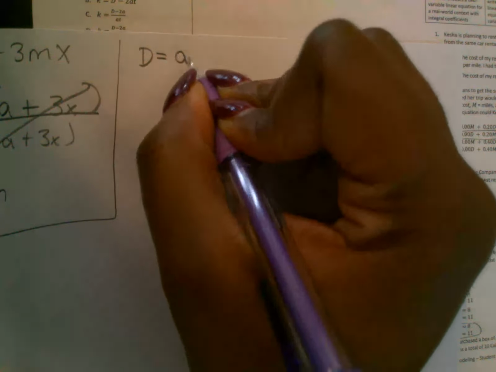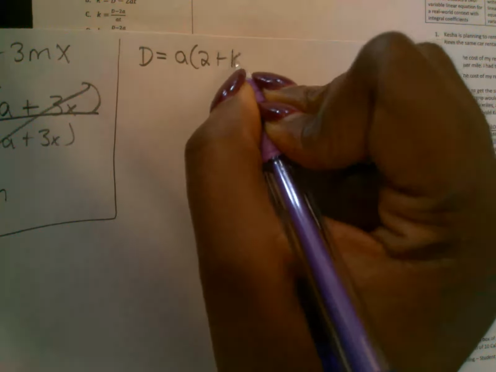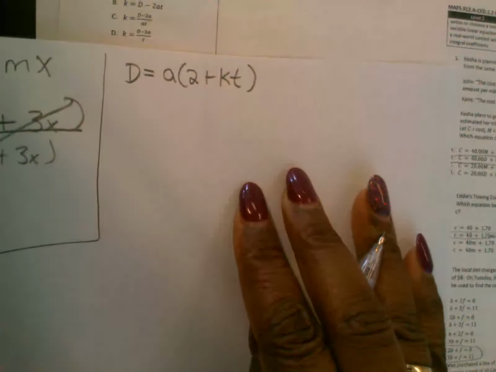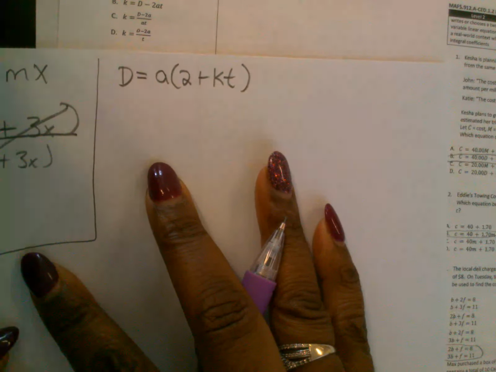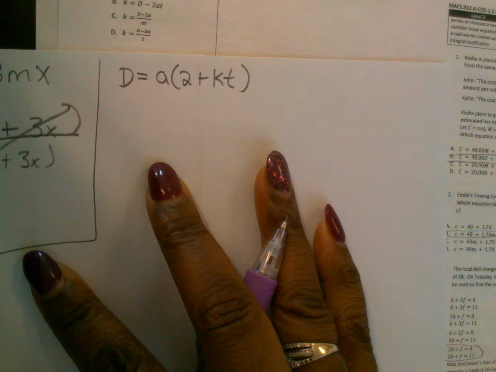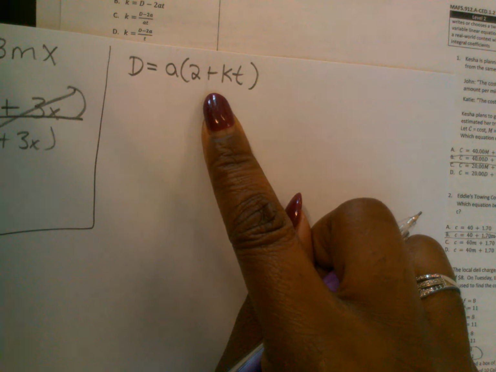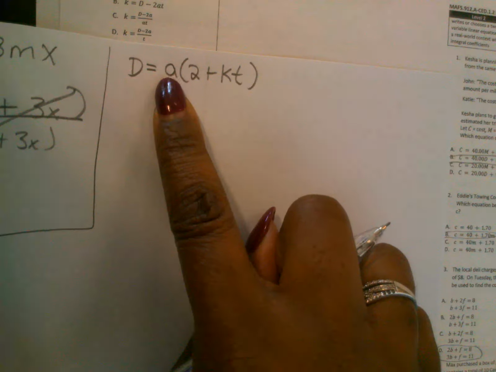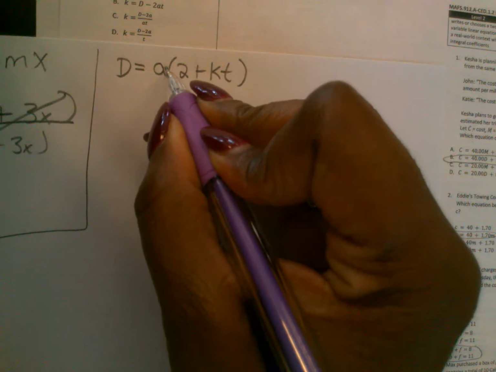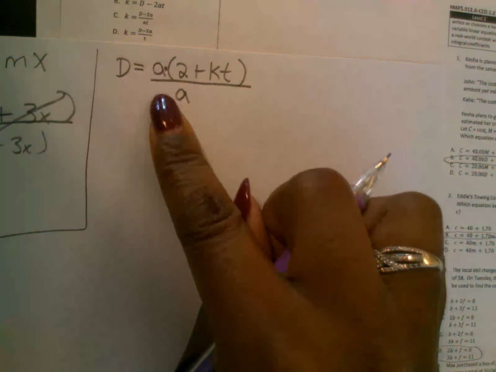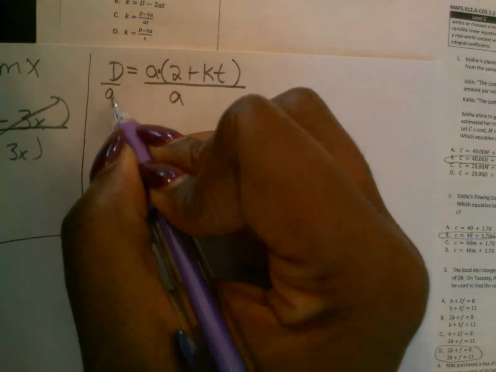So you know you're solving for K. So this is D is equal to A parentheses 2 plus KT. All right, so look, here you're solving for K. So the only way to solve for K, first, all right, we need to get K by itself. So let's get rid of the A first, okay? This is multiplication, so divide, because this is in parentheses. I can't touch that until I move the A. So I'm going to divide both sides by A. So now the A is gone.